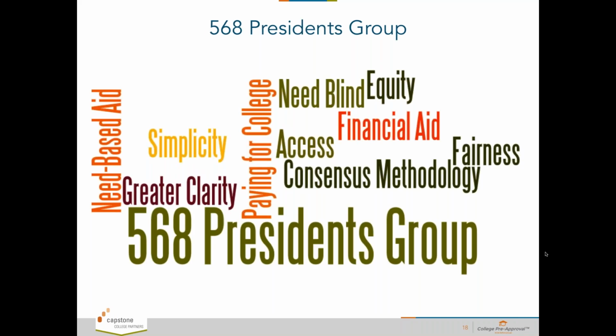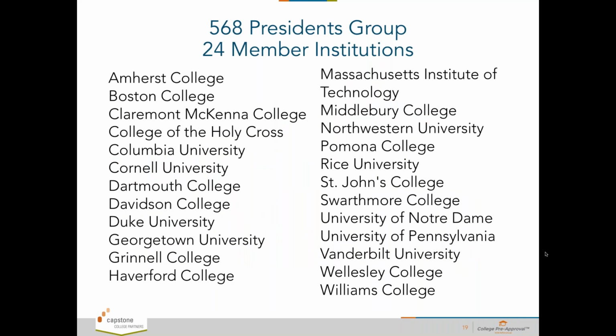So where the plot thickens a little bit is what comes into play, what's called the 568, the President's Group. So this is a group of colleges, 24 schools that have come together, and essentially, you see it right in the middle of the picture here, they use what's called a consensus methodology. So we've talked about a federal method, we've talked about an institutional method, and this small group of a select group of schools uses what they call a consensus method.